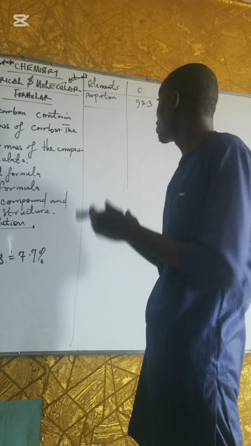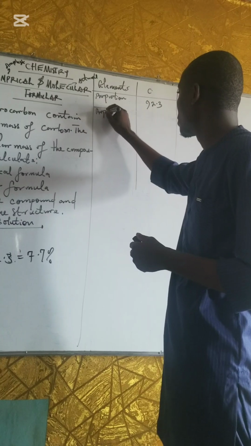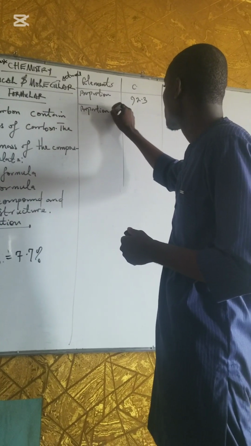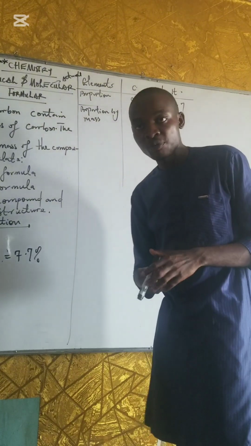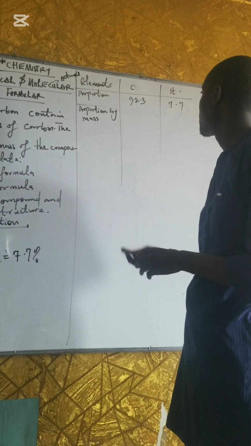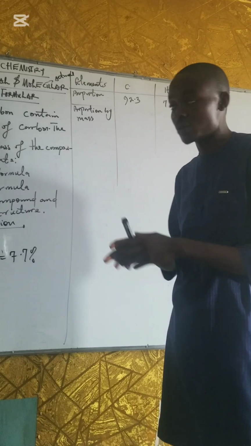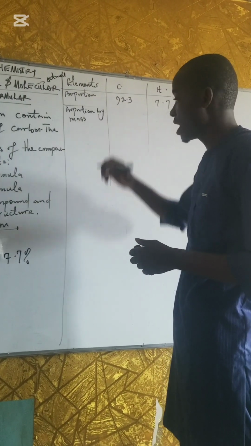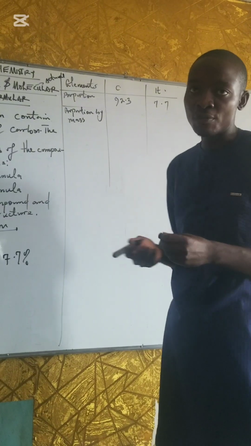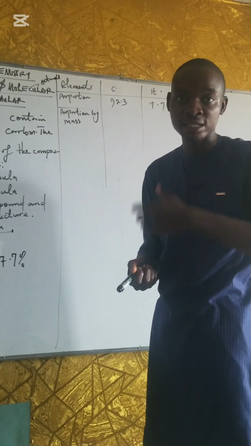So the next thing you are going to do is to find the proportion by mass of each of the elements given. So how do you get the proportion by mass? It is the division of each of the values, each of the proportions, by their relative atomic mass. The relative atomic mass of carbon is 12, and that of hydrogen is 1.